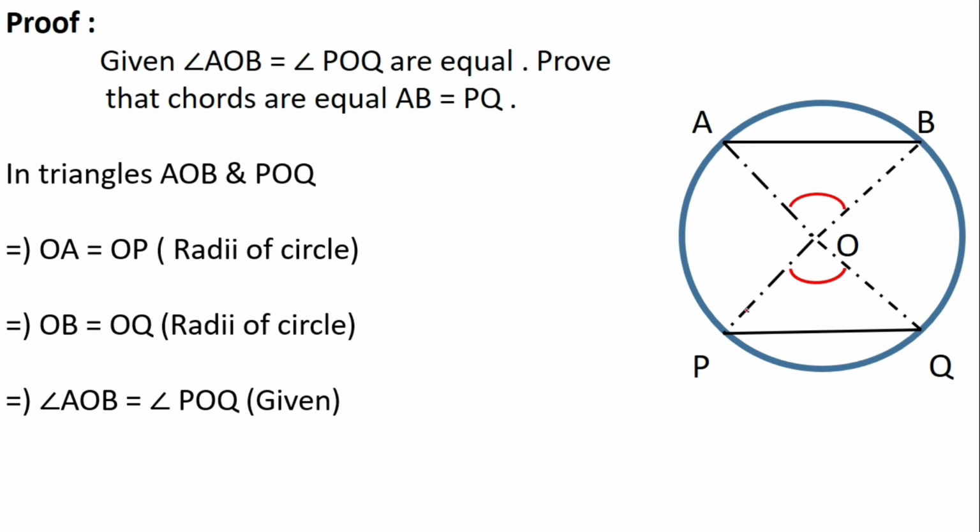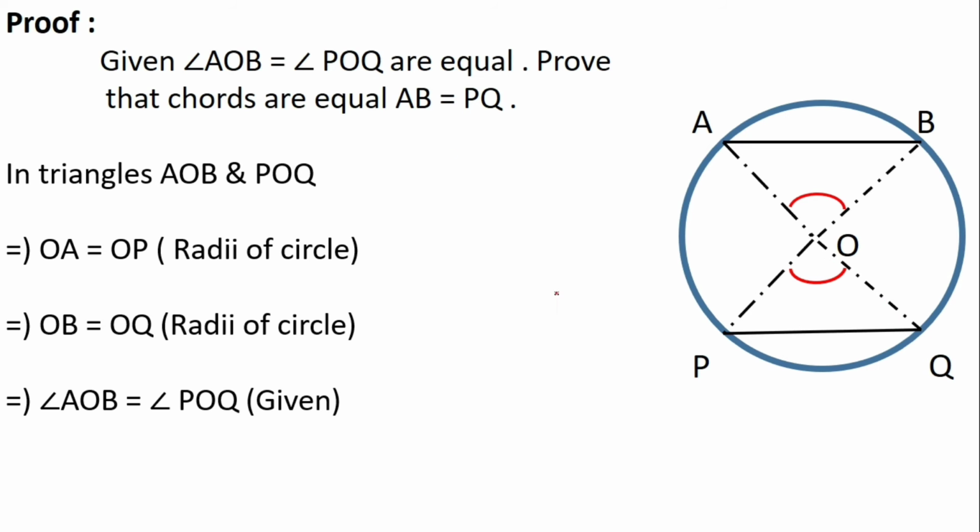Why? Because these are the radii of a circle, and we know the radius throughout the circle remains the same. Similarly, OB will be equal to OQ because these are also the radii of the circle. And the third one is, it is given that angle AOB is equal to angle POQ.